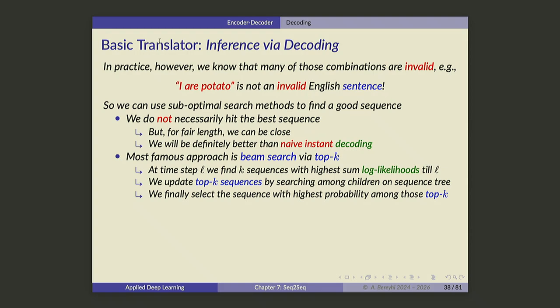I am going to match them with every single new token, and among all of these cases, again, I select 5 sequences of length 2 which have the highest probability. Every time that I progress in time, I just keep the top 5 sequences. And when I am over with the sentence, I select the one which is highest in probability. Make sense? So this is what we call beam search or top K search.